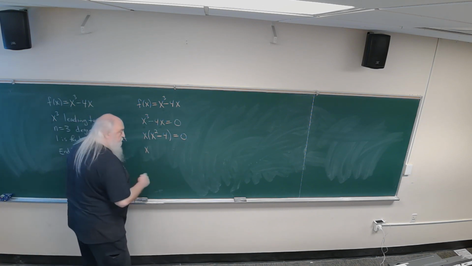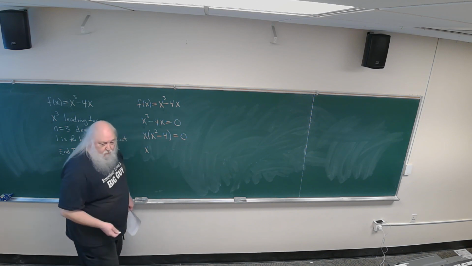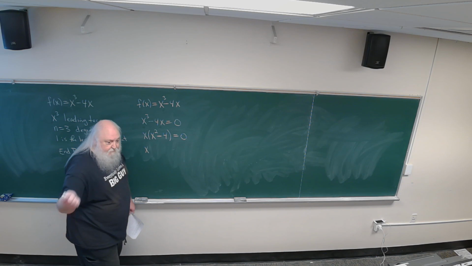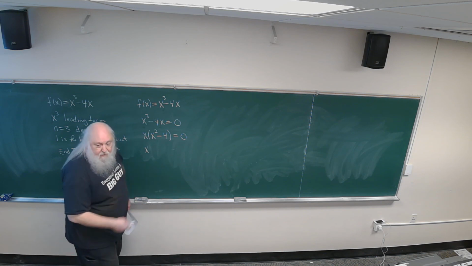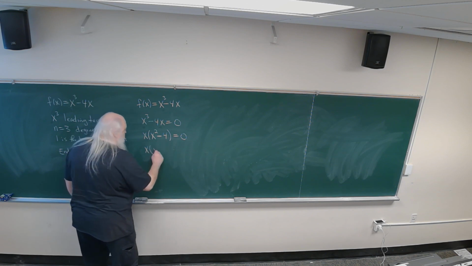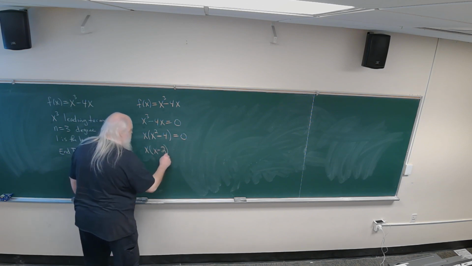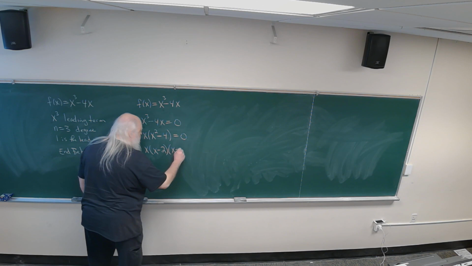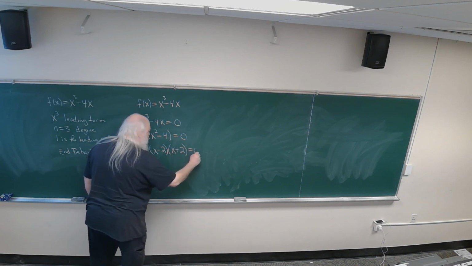We learned difference of squares in section 1.5. Math is cumulative. You bring everything from chapter 1 and chapter 2 with you to chapter 3. X squared minus 4 factors into x minus 2 times x plus 2.